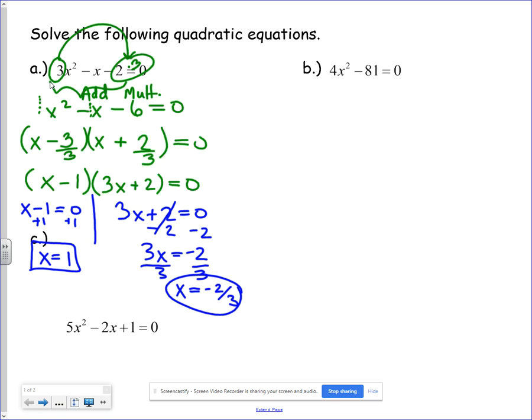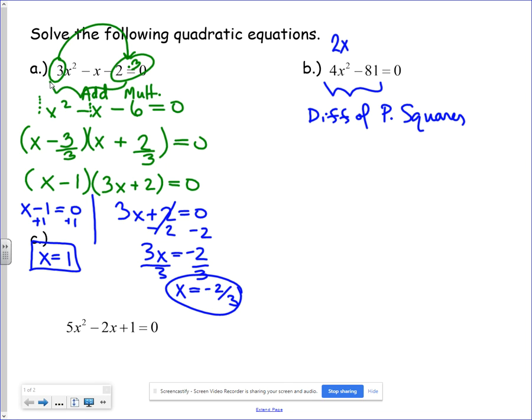All right, so let's look at B. We got 4x squared minus 81 equals 0. We can solve this one 2 different ways. We can do it by factoring, because you should realize that this is one of those special cases. 4x squared minus 81, that's a difference of perfect squares.